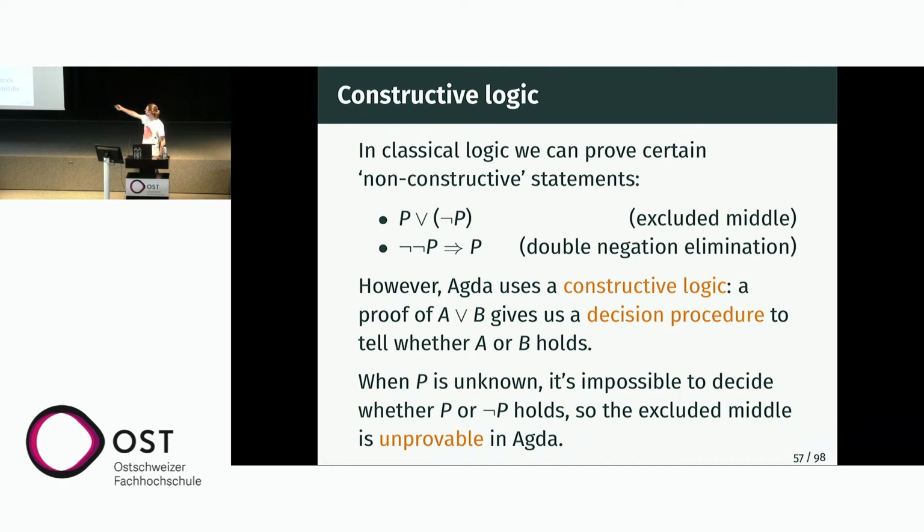These are statements such as the excluded middle, so P or not P for some unknown proposition P, or double negation elimination, which says that not not P implies P. The reason we cannot prove this in Agda is that Agda has a constructive logic, and in particular that means that to have a proof of A or B means that we have a decision procedure to really determine if A is true or B is true, right? And so if we get an arbitrary proposition P, we don't have this decision procedure, so we cannot prove P or not P.